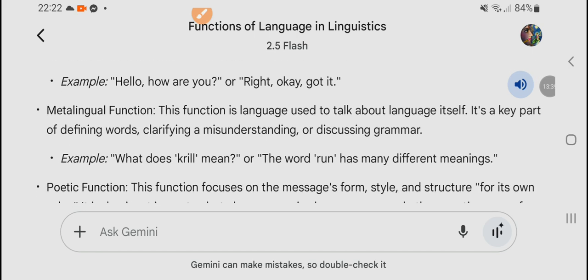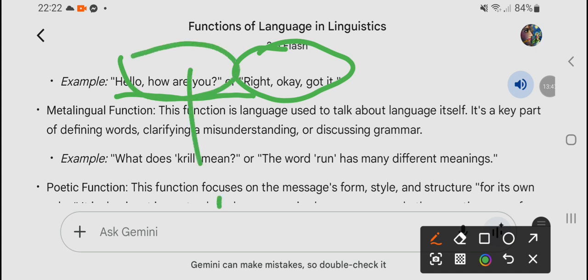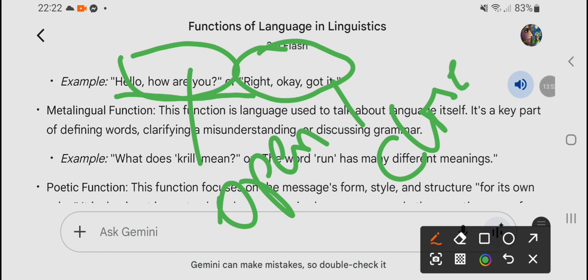For example, hello, how are you? So that is enough. Or right, okay, got it. That is open, and that is close, right?